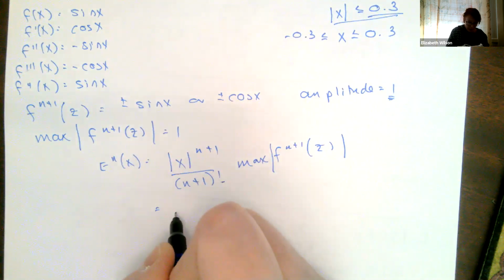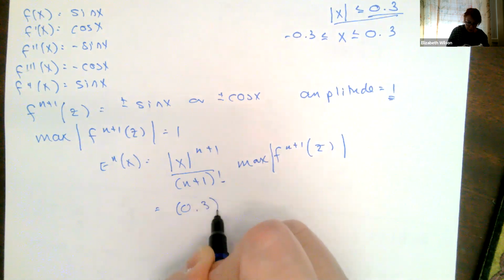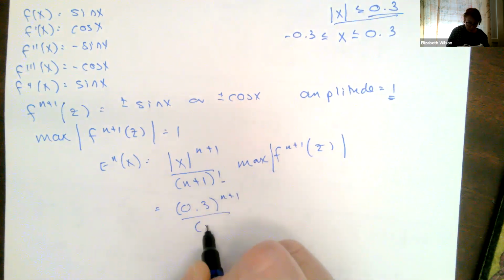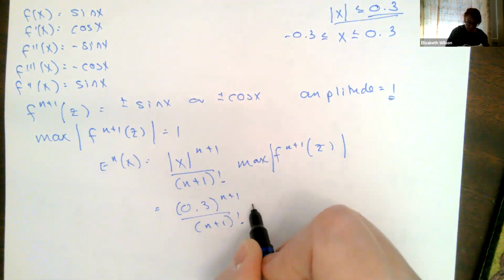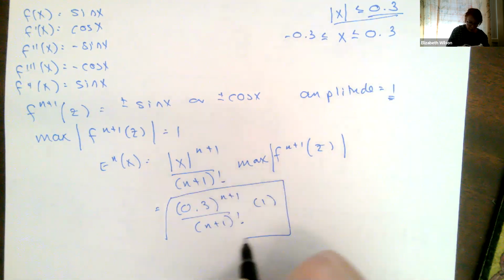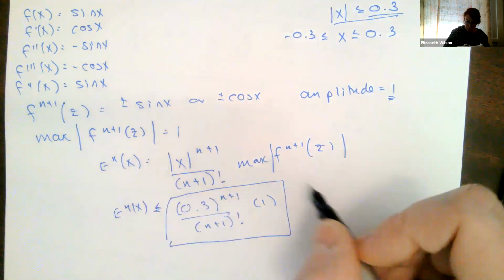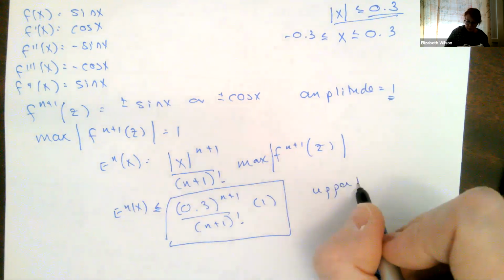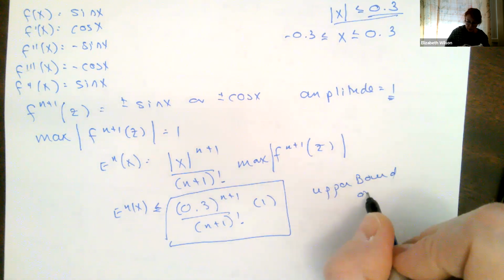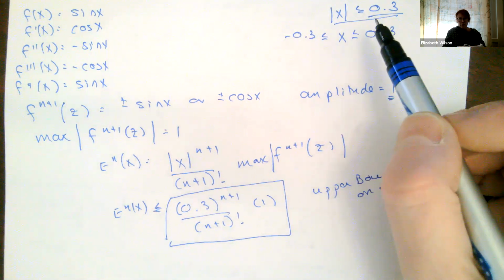This part they gave us, this becomes 0.3 to the n plus 1 over n plus 1 factorial, and it will be multiplied by 1, but we don't need it. This is a formula. We would come up with a formula for the upper bound on the error, given that our delta is 0.3.